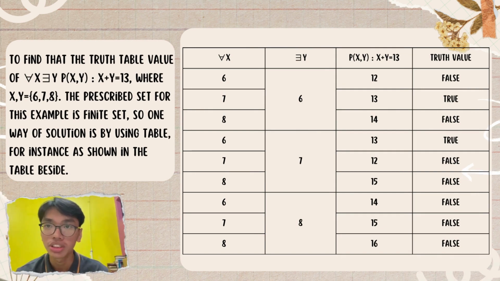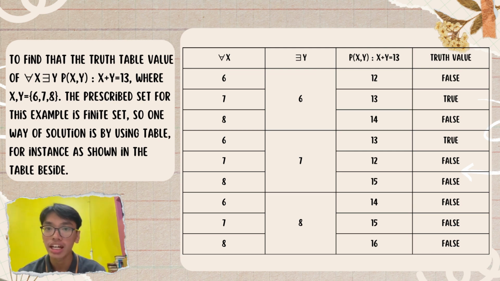So now let's go to the finite set. To find the truth value of for all x, for some y, P(x,y) such that x plus y equals 13, where x and y are 6, 7 and 8 inclusively. The universe set for this example is a finite set. One way of solving it is by using the table, as shown in the table beside.